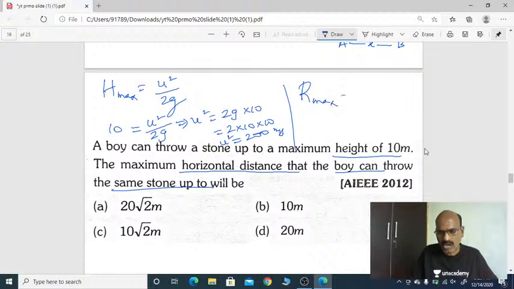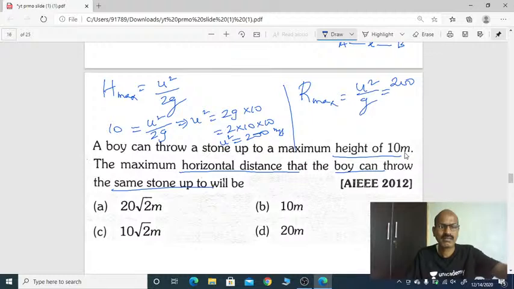So R maximum equals u square by g, that is 200 by g value substituted.